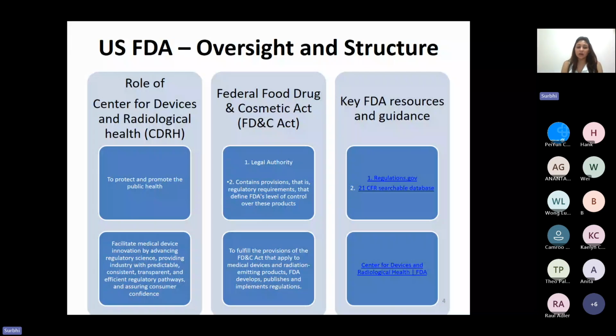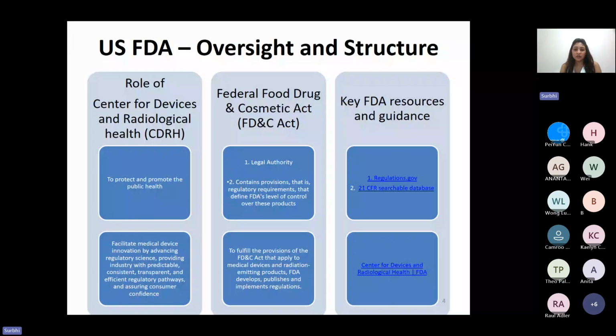They promote and protect public health by facilitating medical device innovation, advancing regulatory science, providing industry with a predictable, consistent, transparent, and efficient regulatory pathway, and assuring consumer confidence. Their guidelines are very clear; they have guidelines for practically everything. So manufacturers can directly reach out to them or to their portals to review the guidelines and accordingly register their medical device in the US.